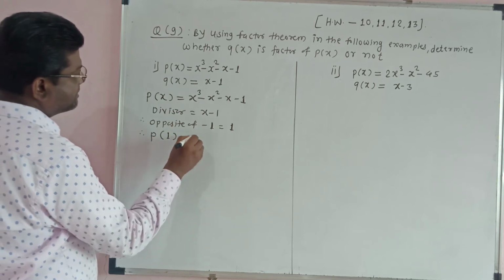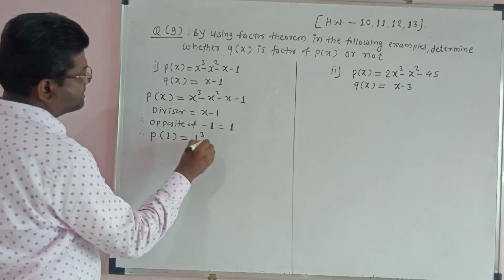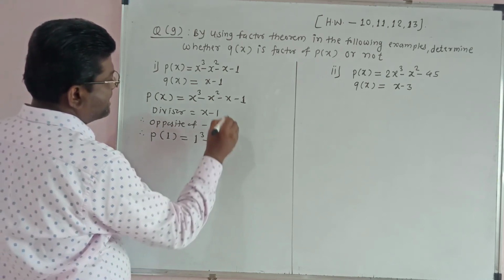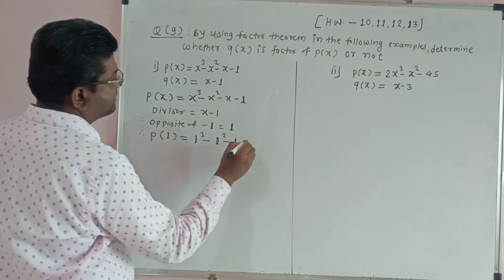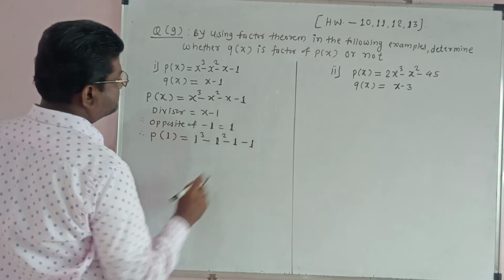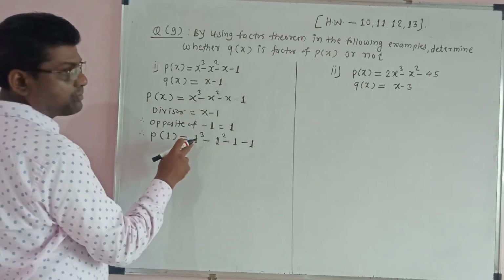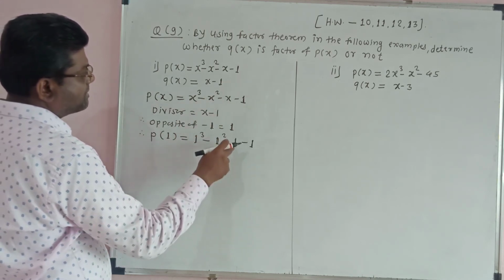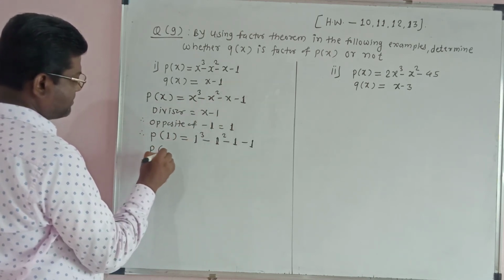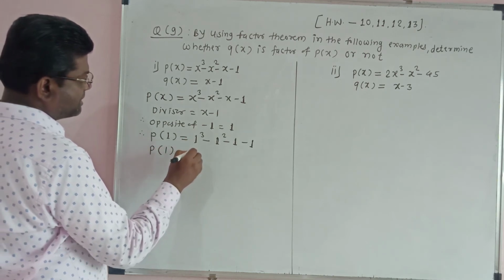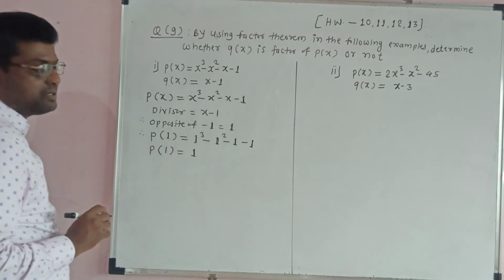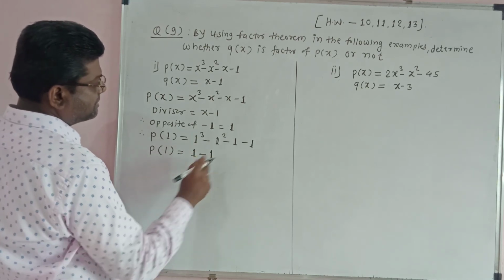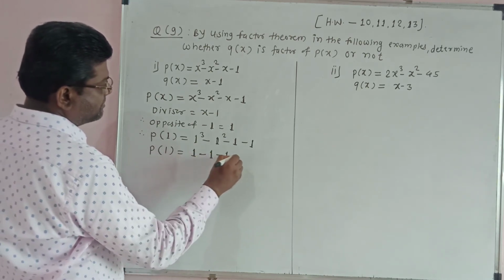p(1) = 1³ - 1² - 1 - 1. Therefore p(1) = 1 cube is 1, minus 1 square is 1, minus 1, minus 1.